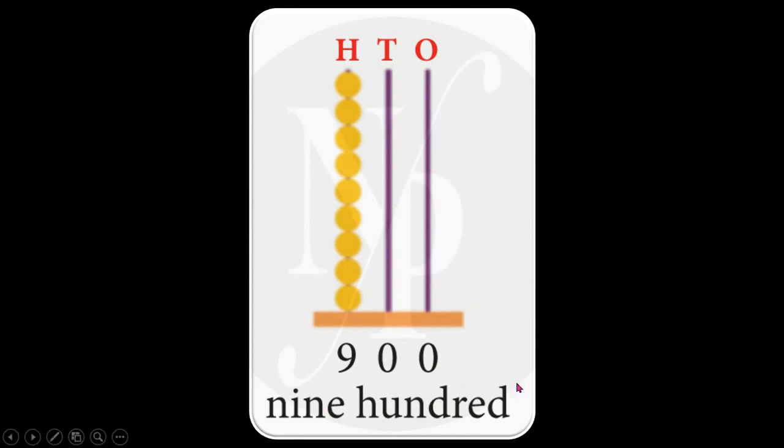Look here, 900 is represented as shown here with 9 beads on hundreds place rod and no beads on tens place and ones place rods. Number name is NINE HUNDRED.